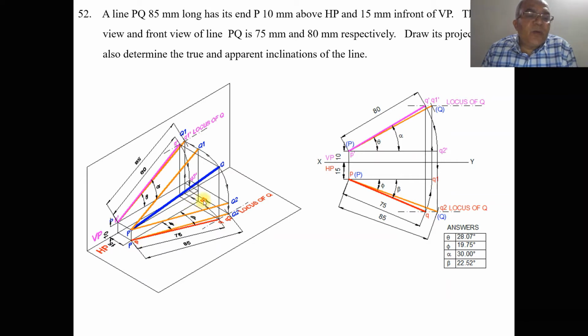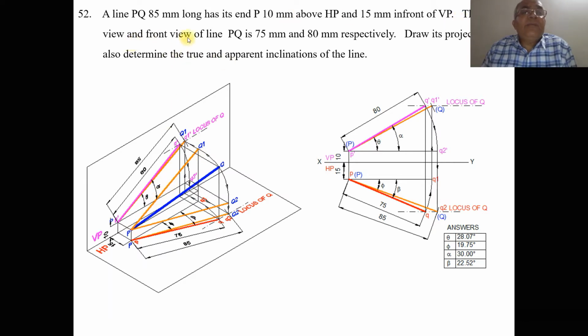The length of the line pq1 will be equal to 75. Since the top view line is made 75, the line PQ will have 85. When you project, draw a vertical projector from here, and from here cut an arc on this, so that you will get PQ1. So this is the line which will have 85 mm.